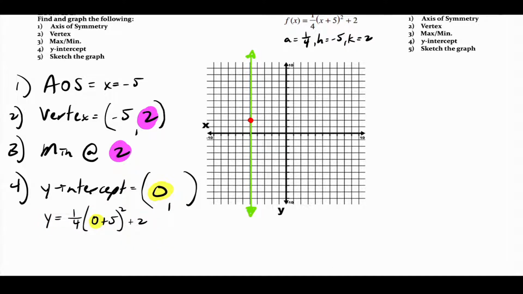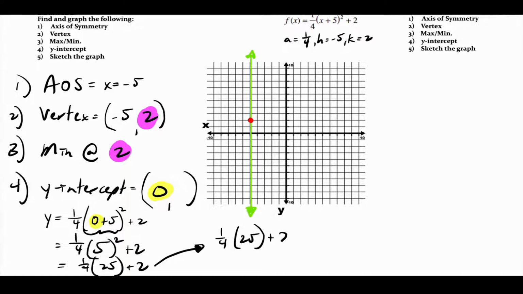Okay. We do parentheses first. Parentheses first, I get 5. Then I do exponents. 1/4 times 25. Okay. Then I do multiplication.